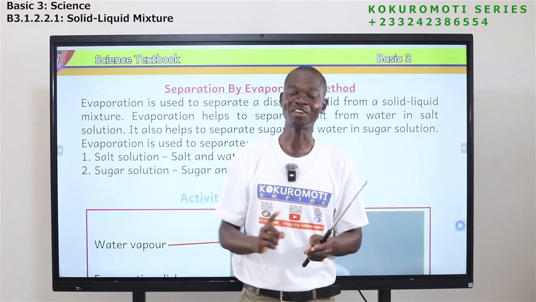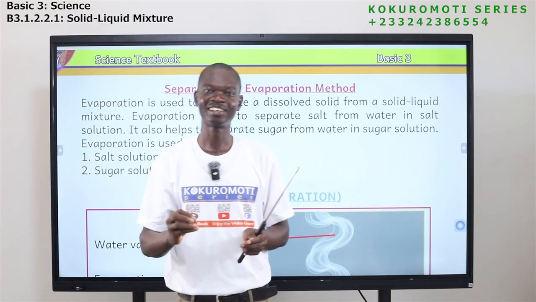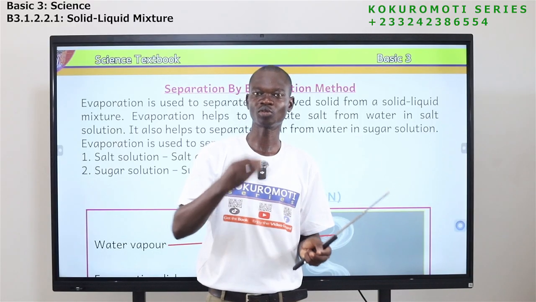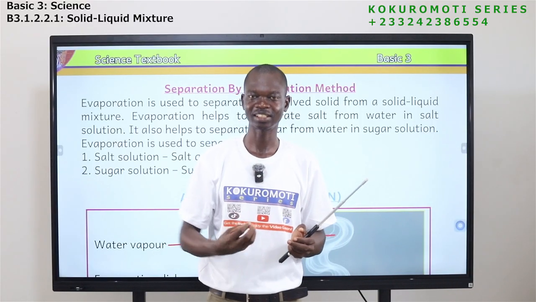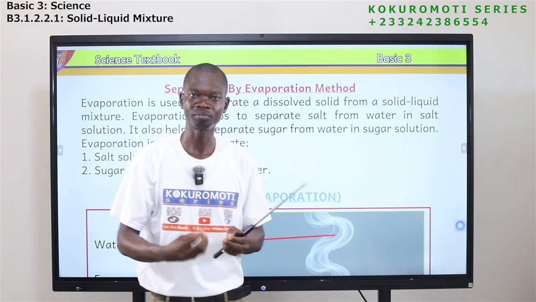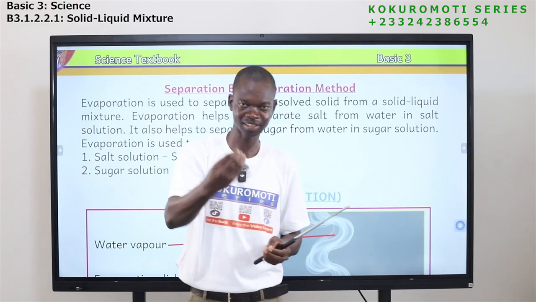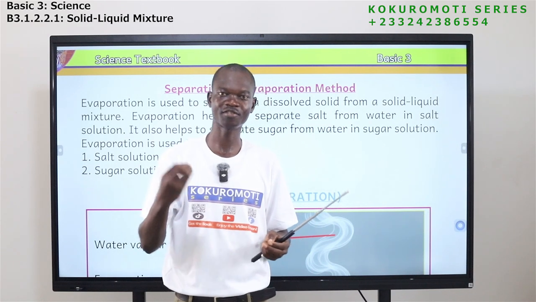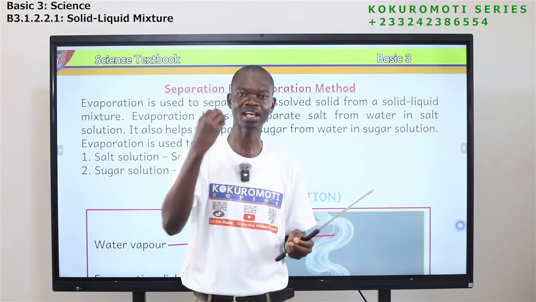So you have seen that without heat, there is no way evaporation can take place, because it is only heat that can cause the water to change from liquid to gas. Water vapor is what? Gas. It's like air. Water vapor is like air, so it is gas.